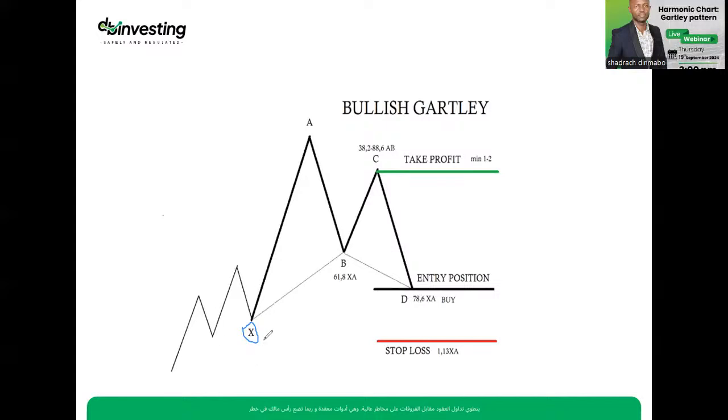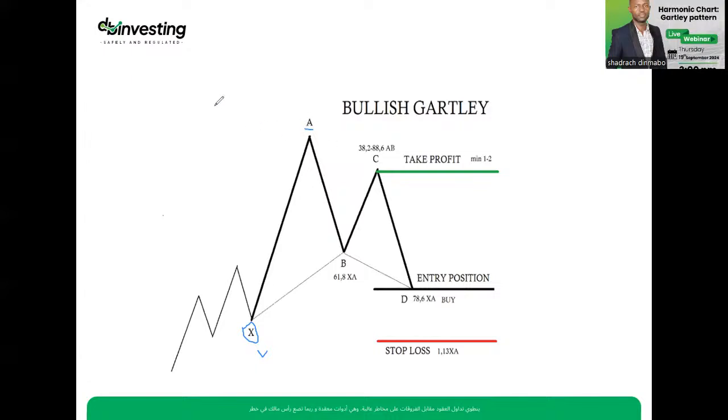So we'll take a reference point, and that reference point, let's call it point X. All right. So from that point to the next high, let's call that high point A. So on a bullish run, we are taking a reference point X and A.